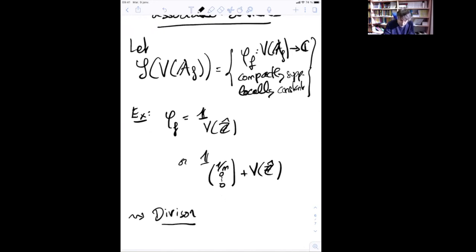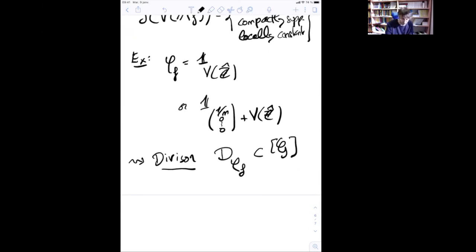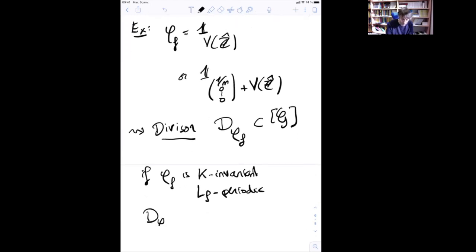A divisor, which I will denote d phi f. And let's suppose that, if phi f is, let's say, k invariant and LF periodic, then in fact d phi f, and I will describe it like that, will be contained.